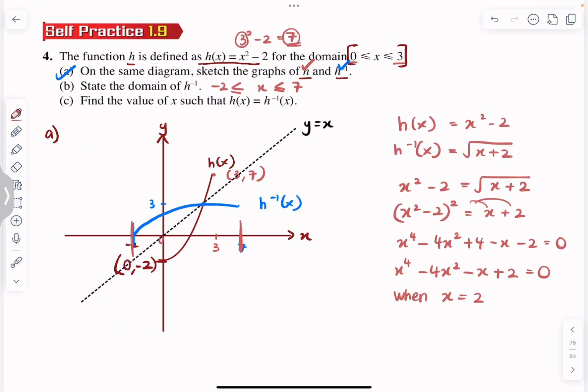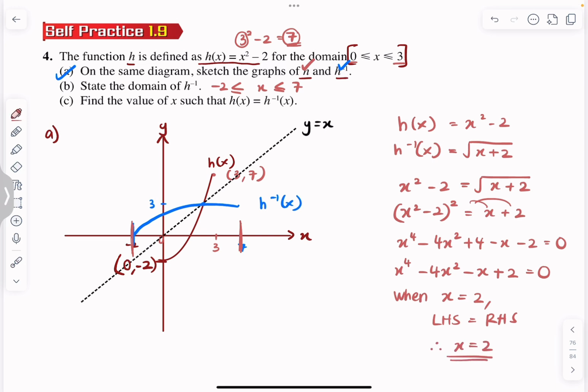We got lucky. Straight away when we try 2, our left hand side and our right hand side equal each other. Left hand side is this with the 2 substituted inside. We got 0, which is the right hand side. Therefore x equals 2.